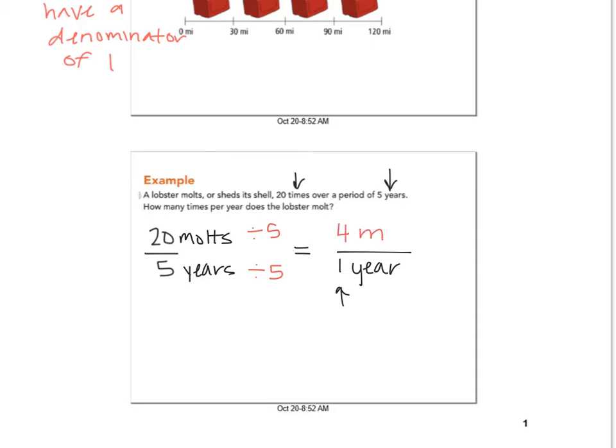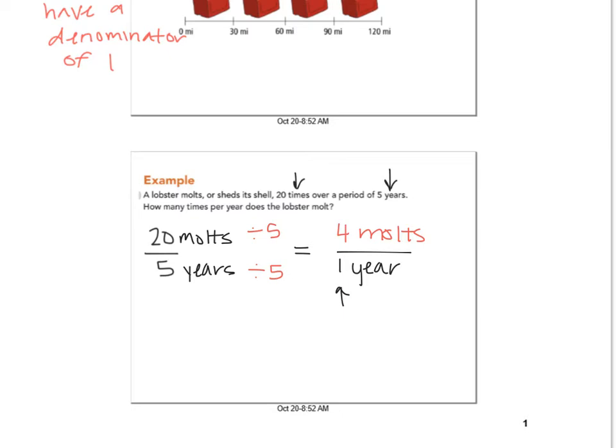And don't forget your labels. So that's 4 molts. Now, I'm not just going to say my answer is 4 molts, because that doesn't tell me anything about my rate. Even though 4 over 1 is 4, when you are dealing with rates, you have to keep it over 1.